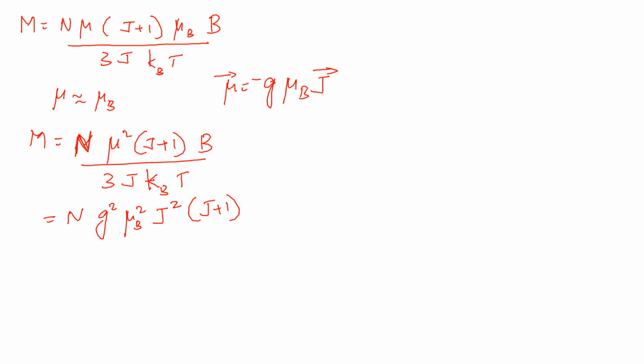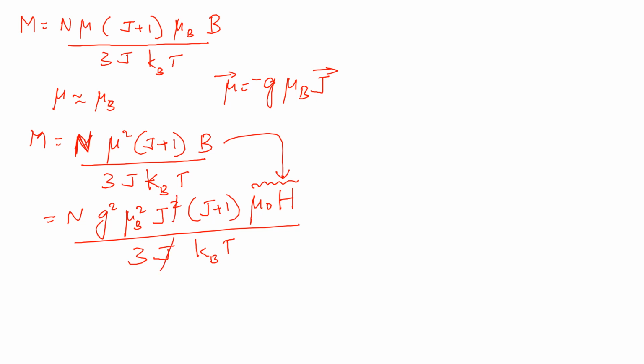B can be written as mu_0 times H. B is replaced by mu_0 H, divided by 3j k_B T. One of the j cancels from this.